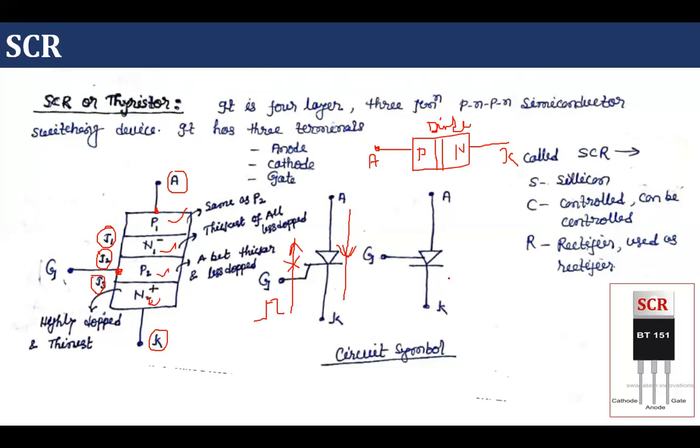Now again, I would like to focus on the symbol: the actual device has a totally different shape. So you do not have to confuse the symbol of the device with its actual shape and size. This is the SCR BT151. It has 3 terminals: cathode, anode, and gate.